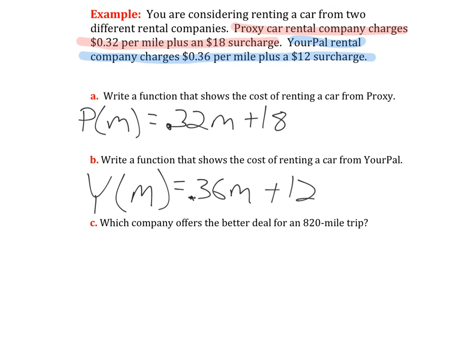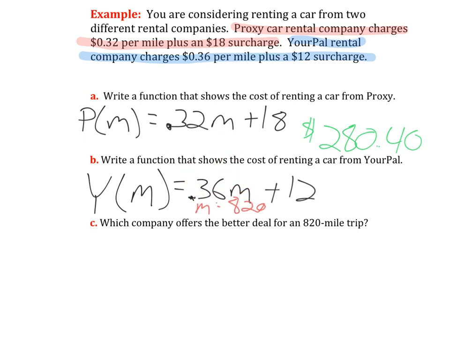Which company offers the better deal for an 820-mile trip? Well, they're telling me, hey, plug in 820 for m and see what you get. So if I were to plug in 820 for m there, what would I get? So 0.32 times 820 plus 18. That would give me $280.40.